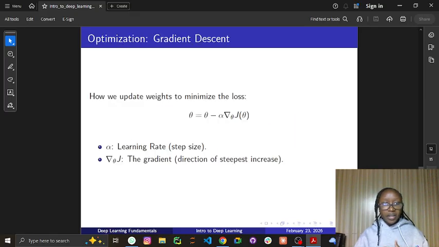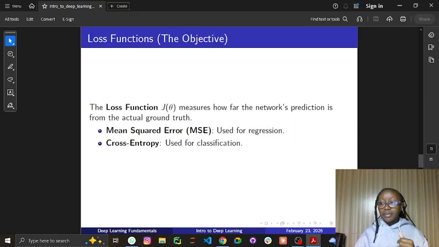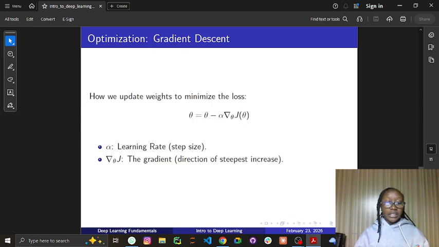Then we have gradient descent, and gradient descent is our correction. Now we have to fix the mistake. Imagine you're standing on a foggy mountain, which is our high loss, and you want to go to the valley, which is the low loss.